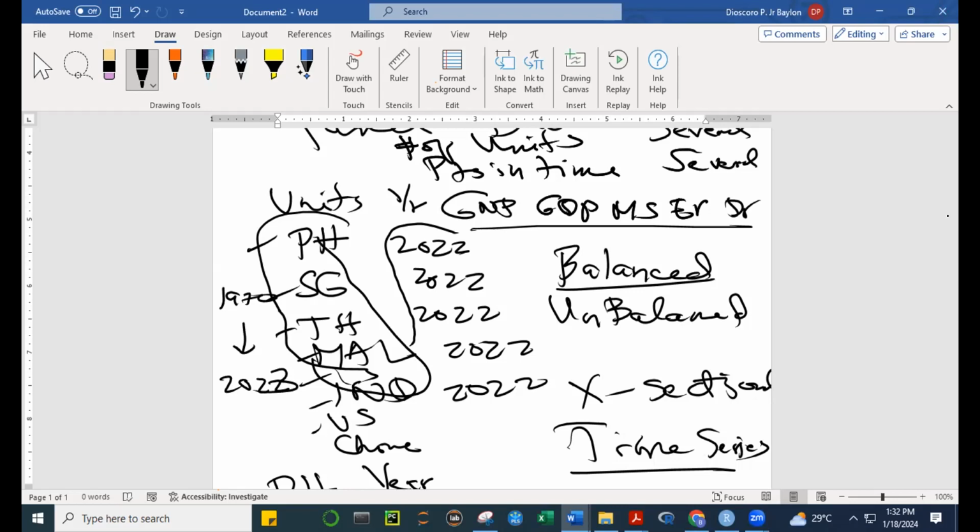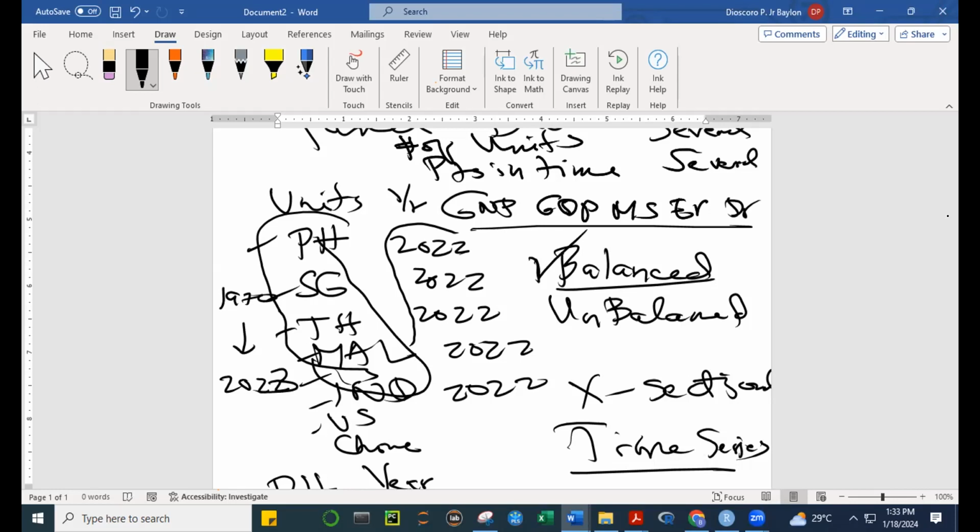Tapos, yung Philippines, Singapore, Thailand, Malaysia, Indonesia, from 1970 hanggang 2023, kasama sila. Hindi nagbago yung units. Okay, every year kasama sila. 1970, meron silang 5. 1971, meron silang 5. Hanggang 2023, kasama silang 5. That's what you call a balanced panel data.